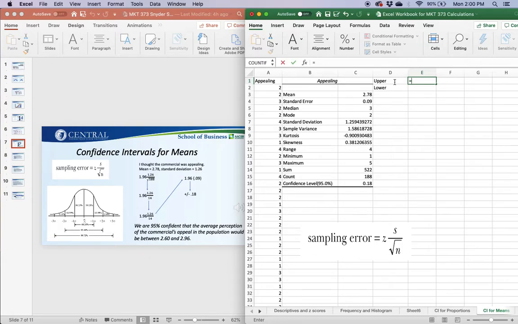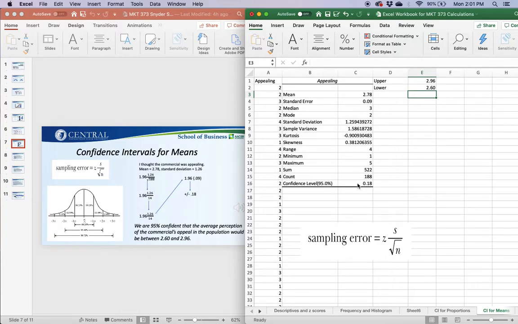So the upper bound is the mean plus our sampling error, and the lower bound equals our mean minus our sampling error. And so what this tells us is that we are 95% confident that the average perception of the commercial's appeal in the population lies somewhere between 2.60 and 2.96, right?